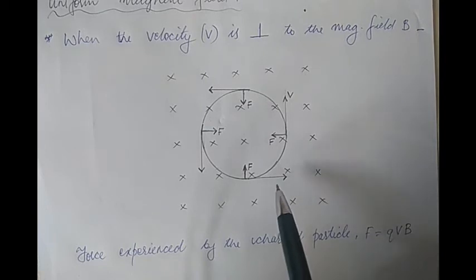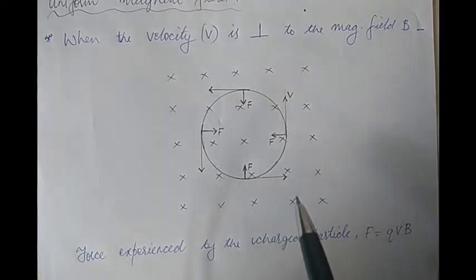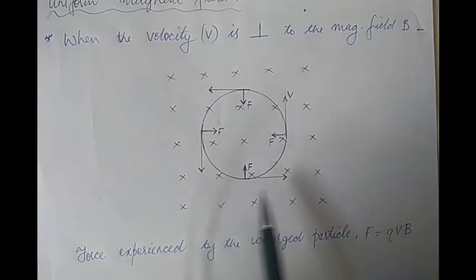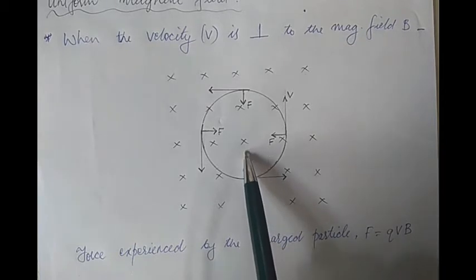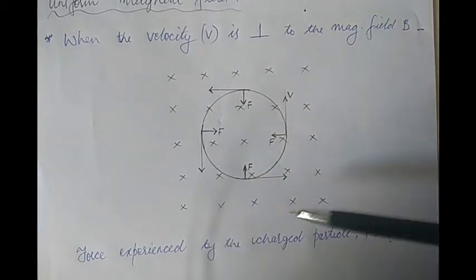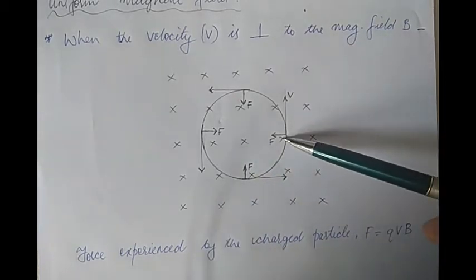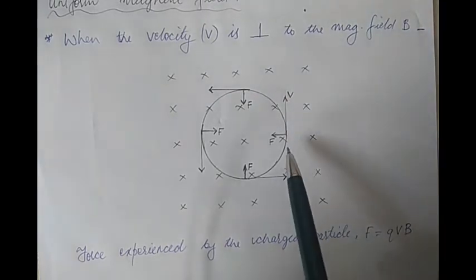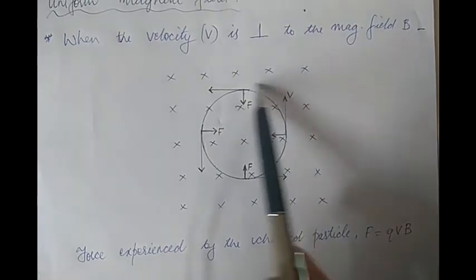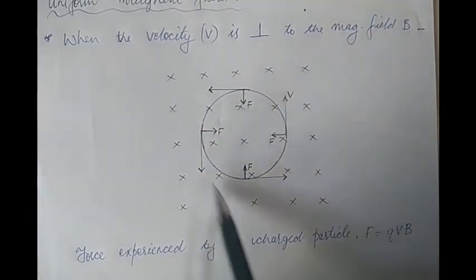You move the right-handed screw from the direction of the velocity to the direction of the magnetic field. The right-handed screw is rotating in this direction, because of which the force will be experienced in this direction. So eventually the charged particle again starts moving in this direction. And the charged particle will continue to move in a circular path like this.